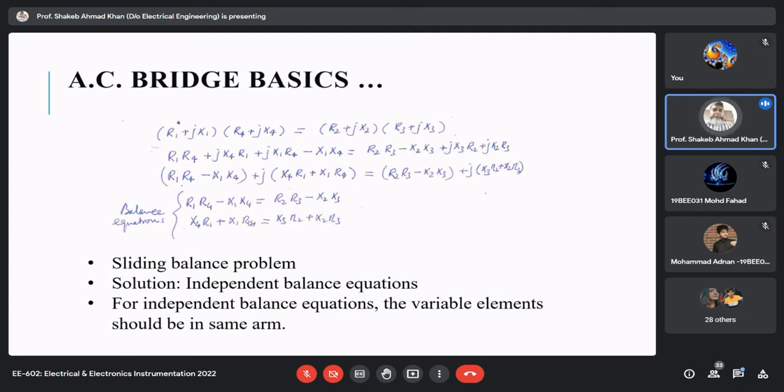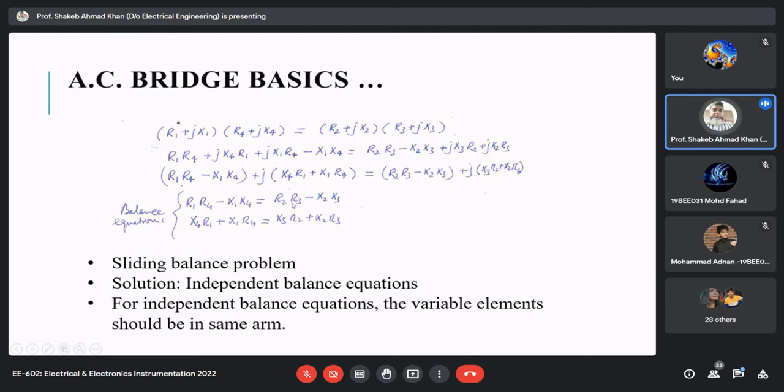When we are having such a situation, the sliding balance problem occurs. What is the sliding balance problem? Suppose for one set of values of r4 and x3, this equation is satisfied, but this is not satisfied. Now we vary again. For another set of values of r4 and x3, this equation is satisfied, but the other becomes unsatisfied.